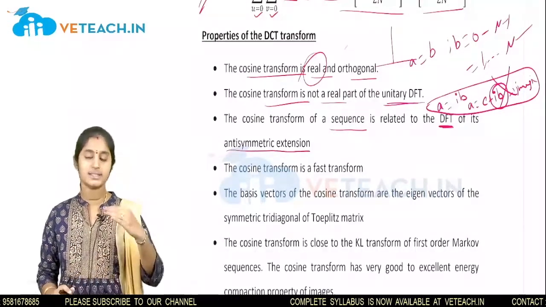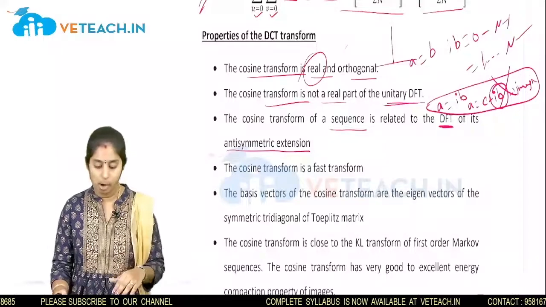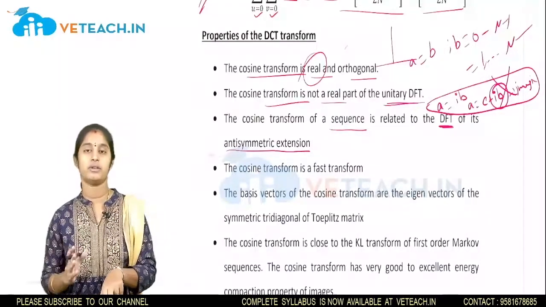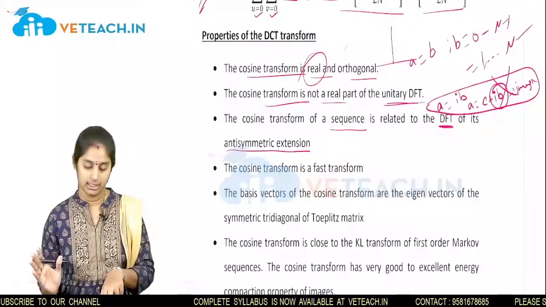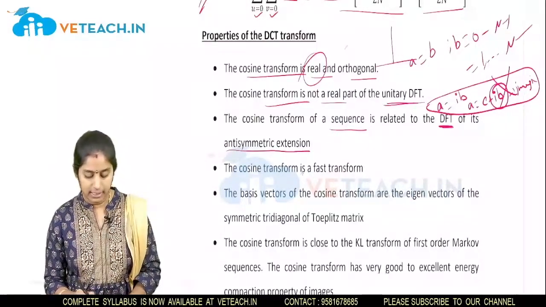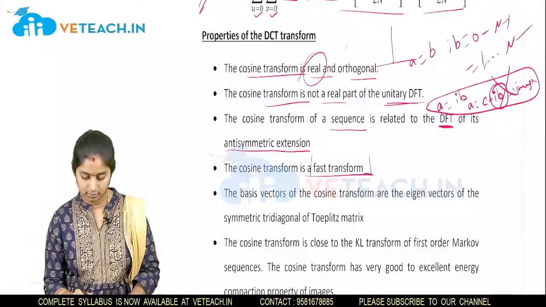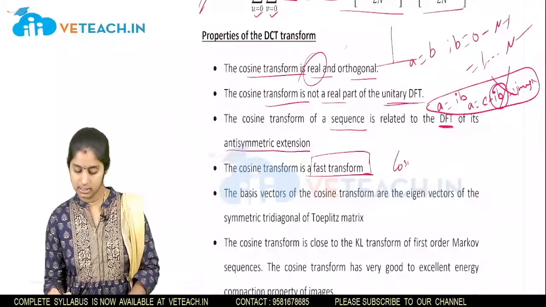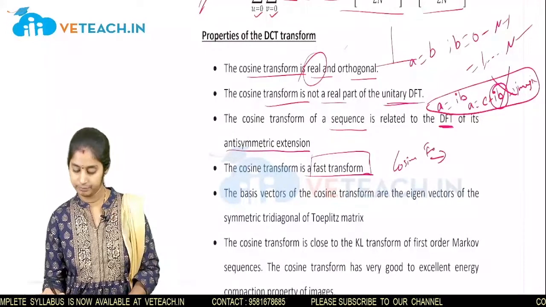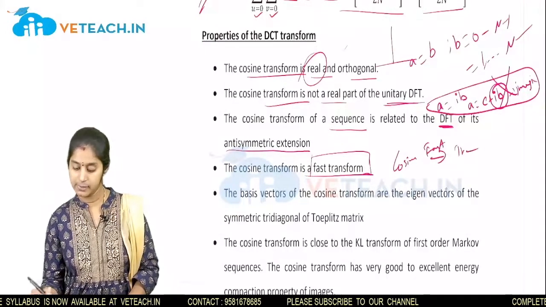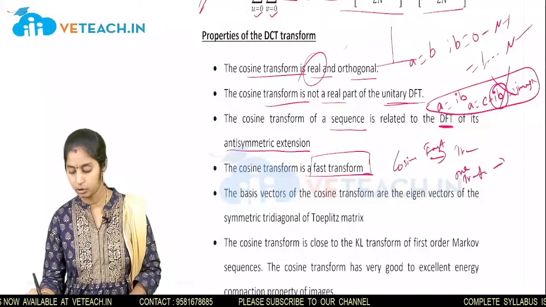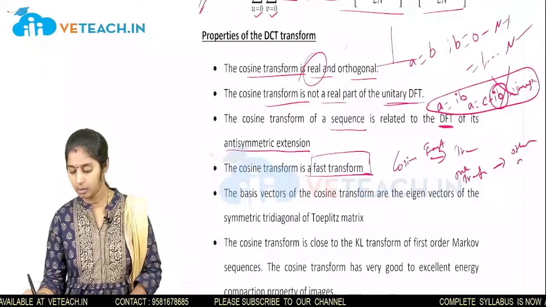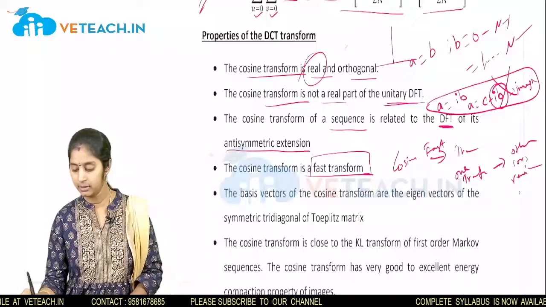So the sequence will always be in the form of a symmetric extension, not an anti-symmetric expansion. The cosine transform is a fast transformation.